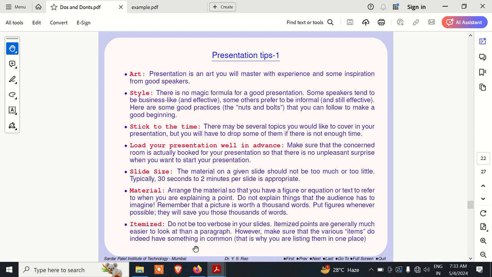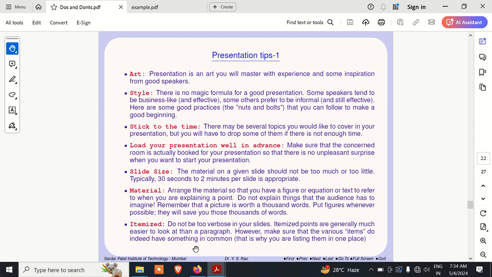Slides, when you prepare the slides, how much amount of time you will spend on each slide. Generally, people nowadays also say not more than 5 slides, not more than 8 slides, 10 slides, like that.